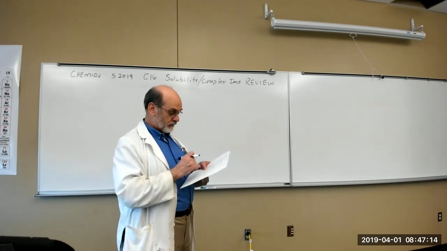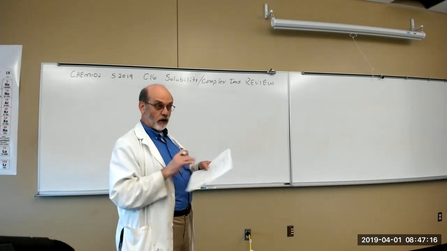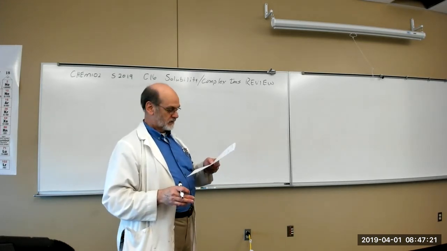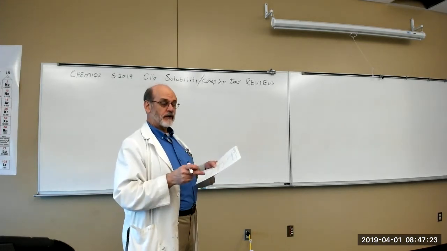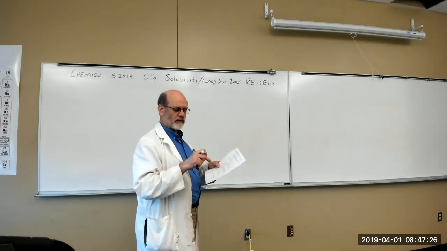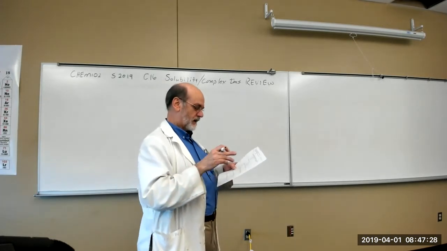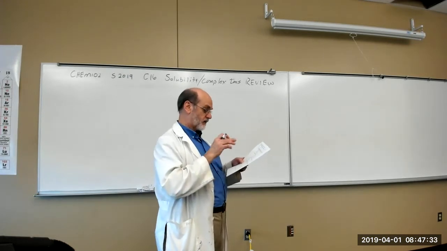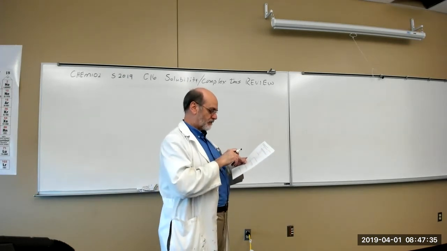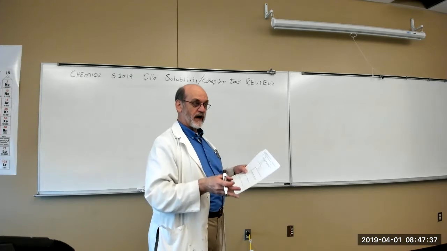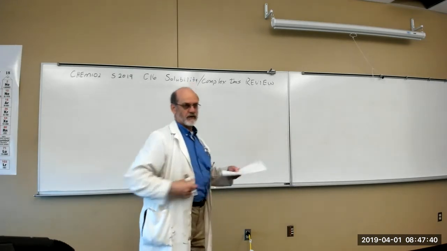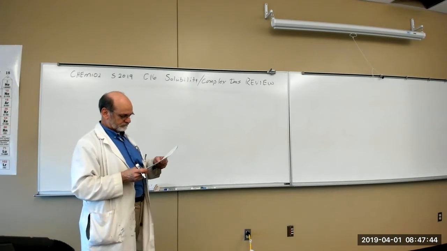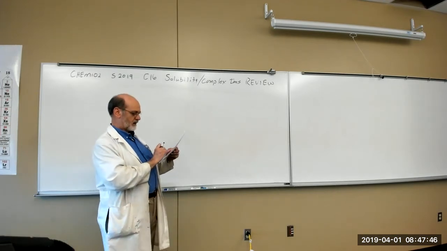No problem. If we were to compare C and D only, we could compare the Ksps directly because manganese sulfide breaks up into 1 manganese ion and 1 sulfide ion, and mercury sulfide also breaks up into only 2 ions. In that case, you can compare the Ksps directly, and the mercury sulfide is smaller.